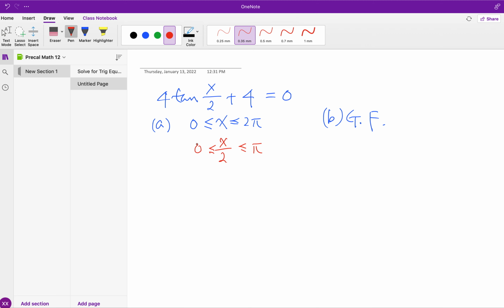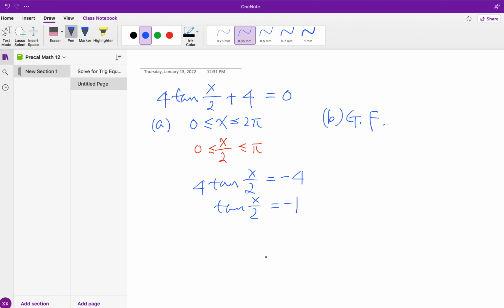So I have to keep this in mind. Okay, let's start solving. This is very quick. 4 tangent of x over 2 equals negative 4, therefore tangent of x over 2 equals negative 1.